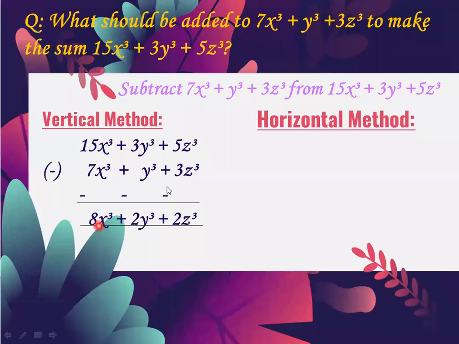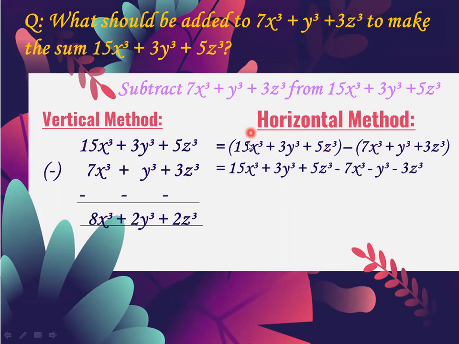Okay, then the horizontal method. For the horizontal method, again you are going to write this expression first and then this expression inside the bracket, and between the expressions you will place the sign of subtraction. And as you know, if a bracket has the sign of subtraction, the signs of the terms present inside the bracket will change. Means we will write the additive inverse of these terms. Not this one, because this bracket has a plus sign. So the first expression will be copied as it is, 15x cube plus 3y cube plus 5z cube.